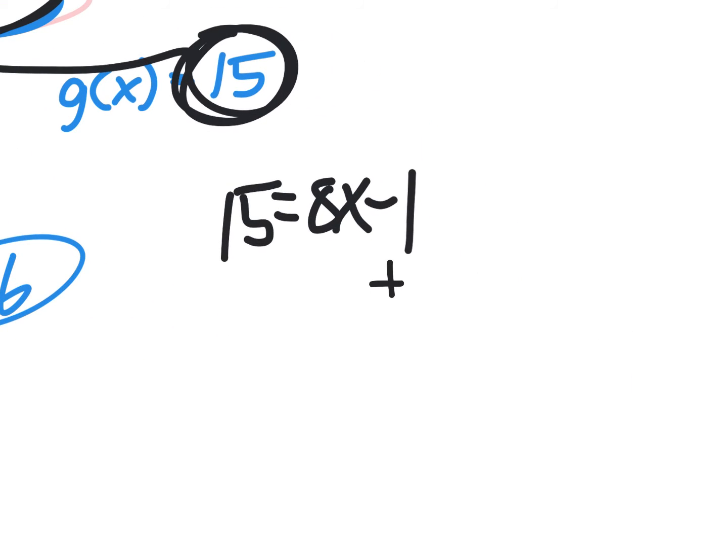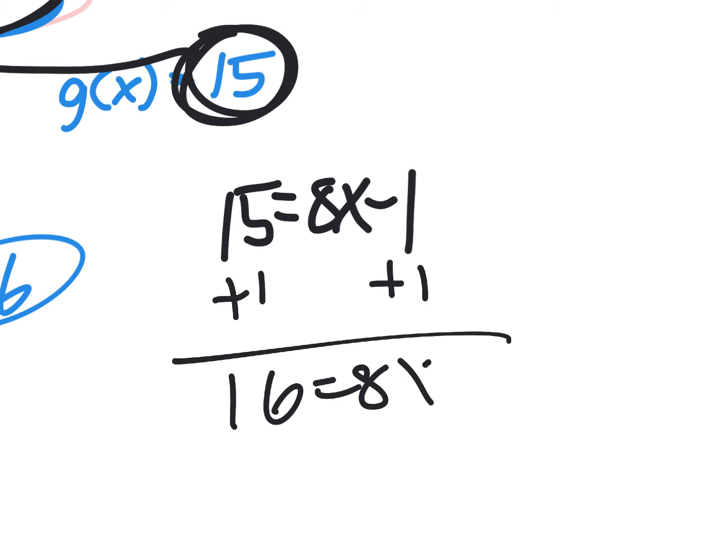Then I could add 1 to both sides. 16 equals 8x, x equals 2. Be honest now. How many of you got that one right? Now, that's a decent number of you, but I want one more like that then. I'm going to use different letters.